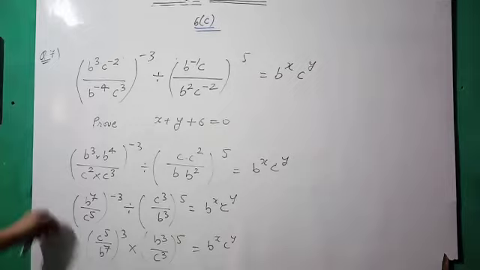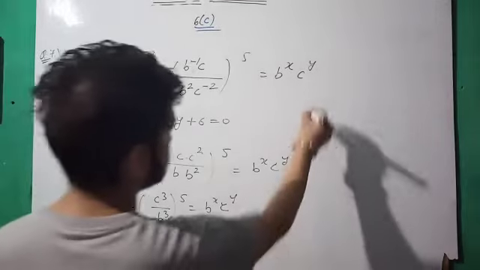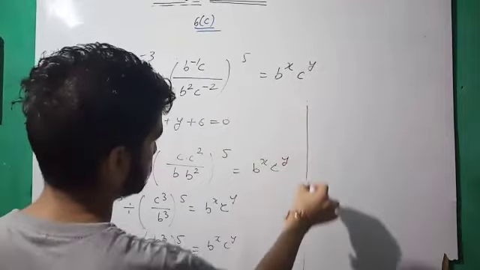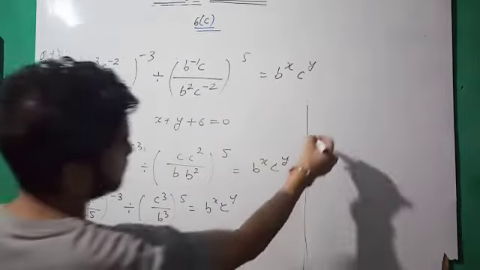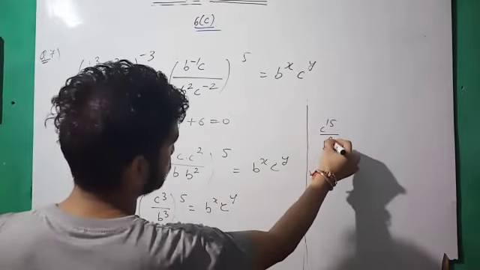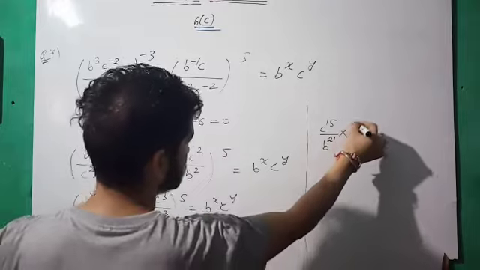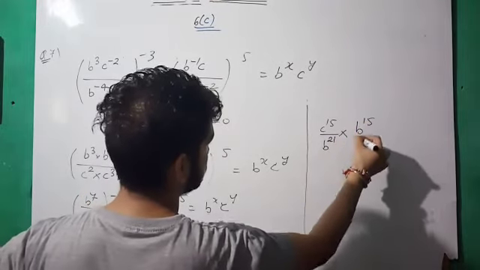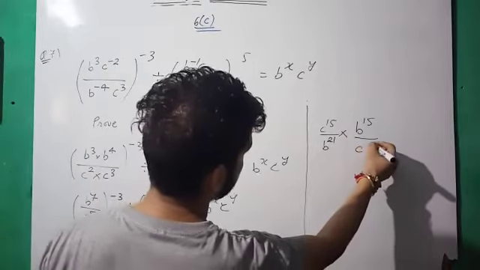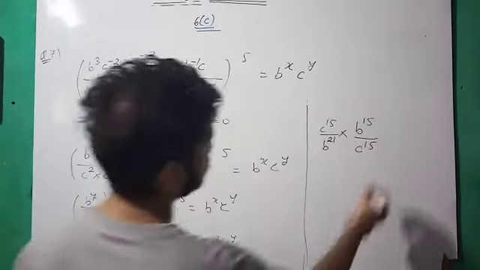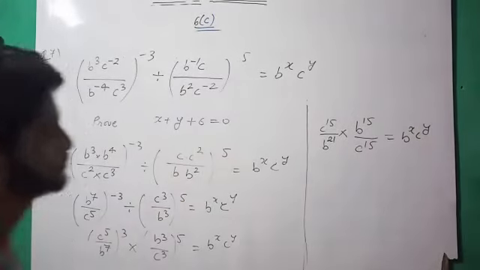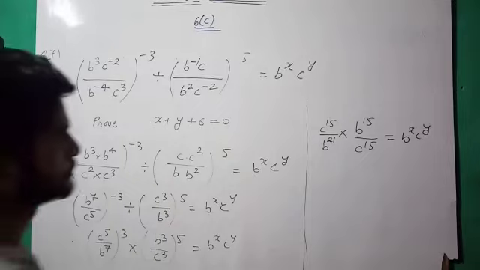Now 5 threes are 15. c to the power 15 upon b to the power 21 multiplied with b to the power 15 upon c to the power 15 equals b to the power x, c to the power y. Yes or no?